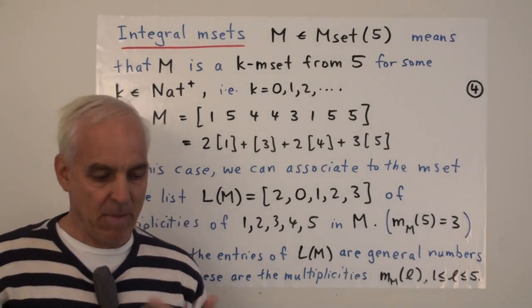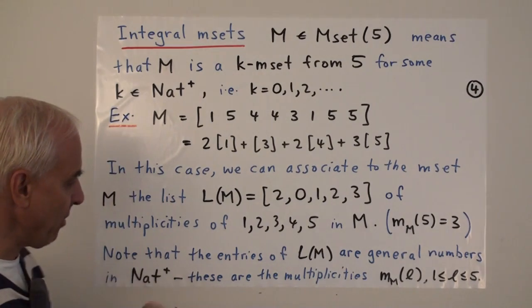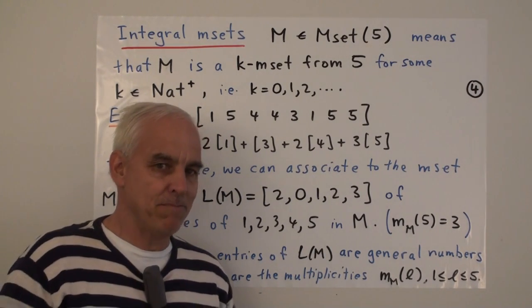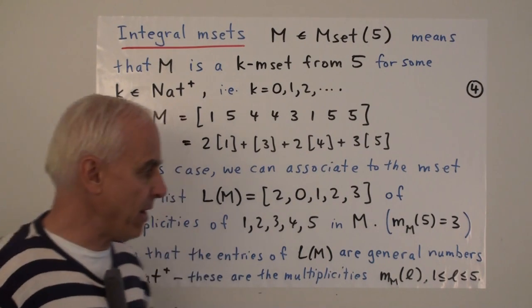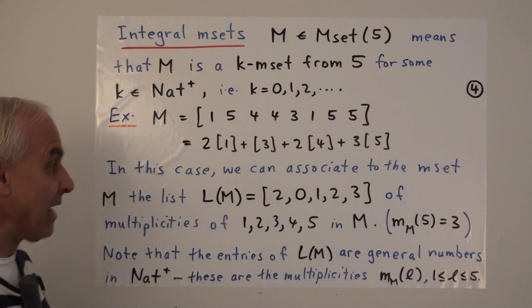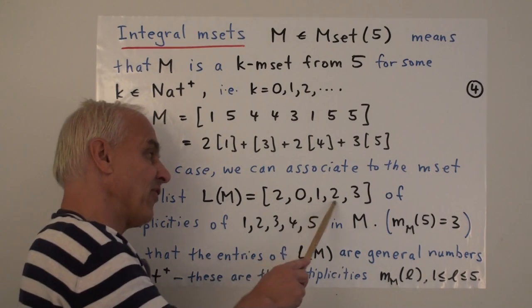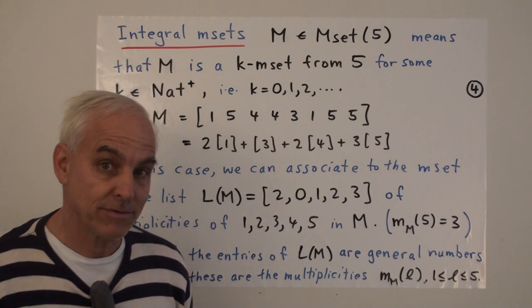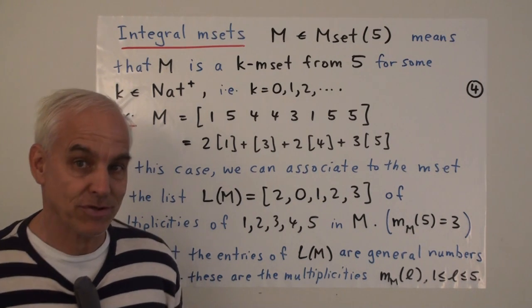And you may remember in a few videos ago when we were talking about this, that opened up the possibility for us of being a little bit more general and thinking about more general kinds of objects where we allow these multiplicities to be also negative numbers, integers.